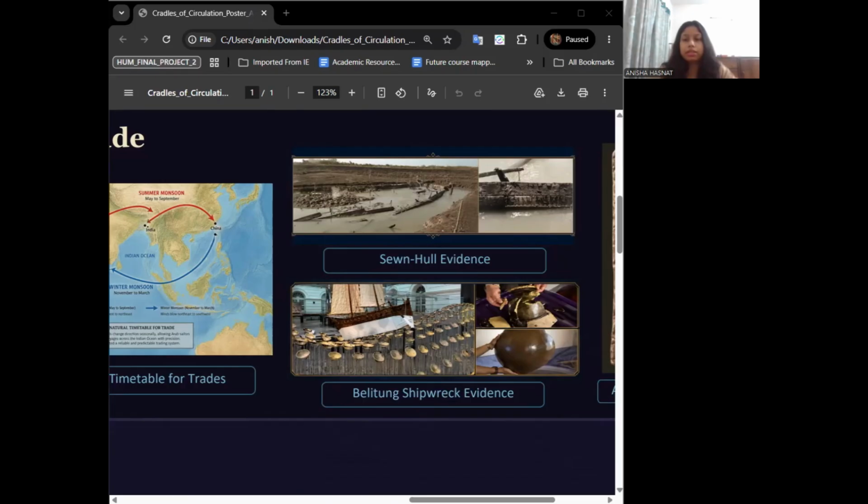Think about what that means. An entire Chinese ceramic industry was adjusting its output volume to match the carrying capacity of the Arab dhow sailing on the Indian Ocean.